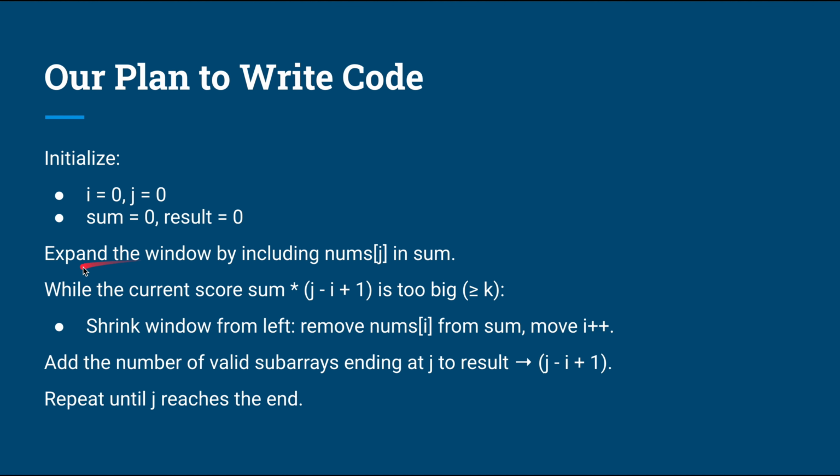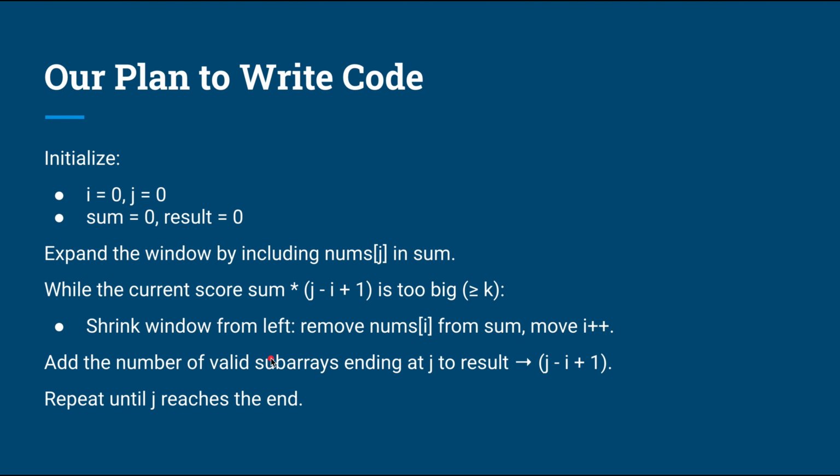We expand the window by including nums of j in the sum, while the current sum times j minus i plus 1 is greater than or equal to k, we shrink the window from the left: we remove nums of i from the sum and move i plus plus. Then we add the number of valid subarrays ending at j, which is j minus i plus 1, and return this result. Until we reach the end, we'll follow this.